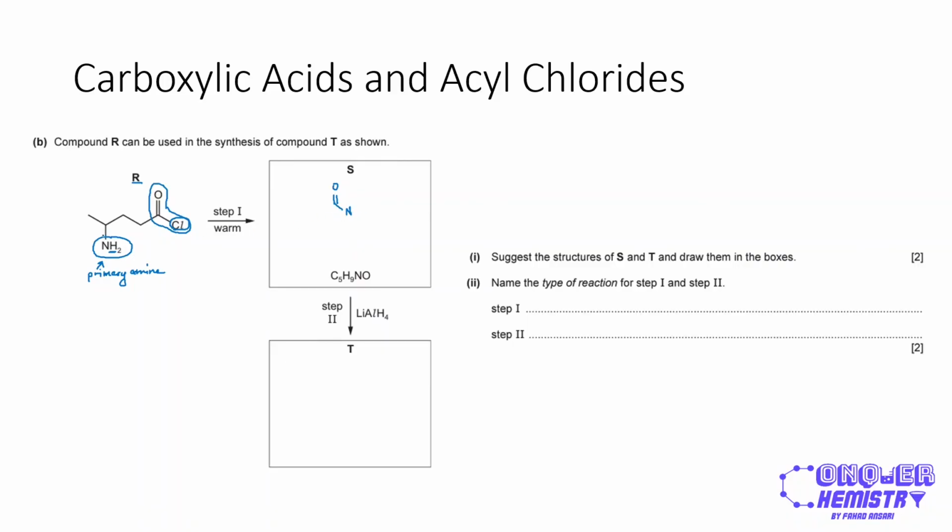and the nitrogen is bonded to 1, 2, 3 further carbon atoms apart from the carbon atom in the acyl chloride group. So that's going to be 1, 2, 3, and then the fourth is the one over here.